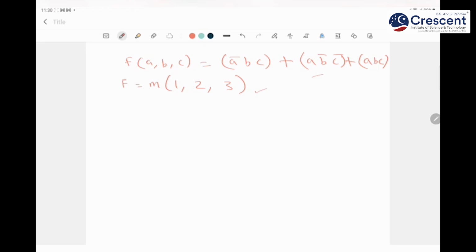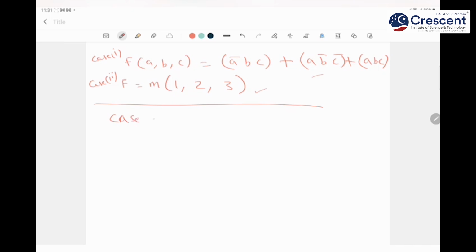If you want to reduce these using K-map, you have to draw the truth table. Let us take this case 1 and case 2. First we will see case 1.